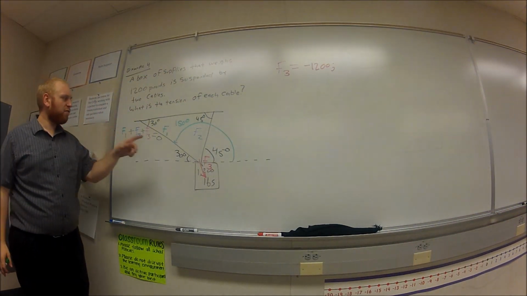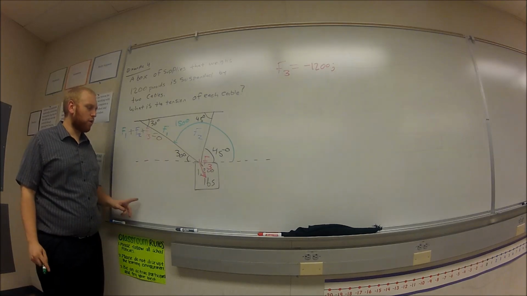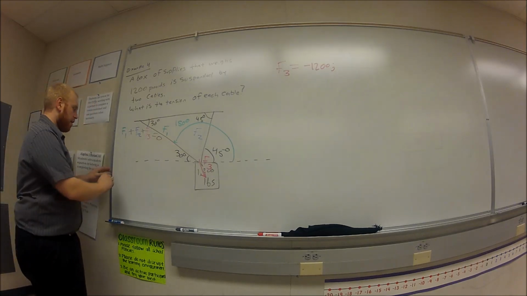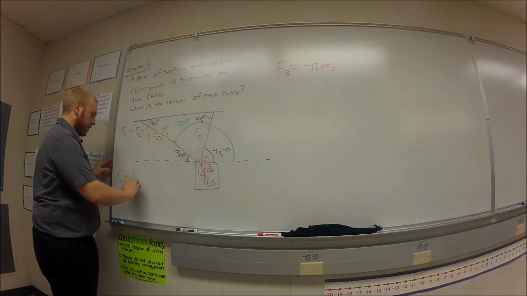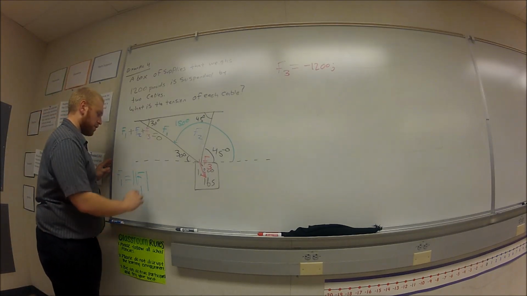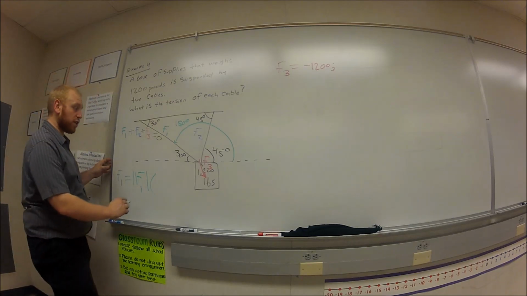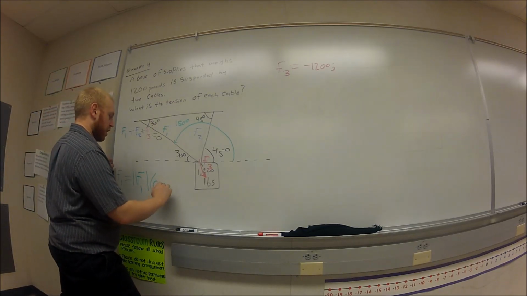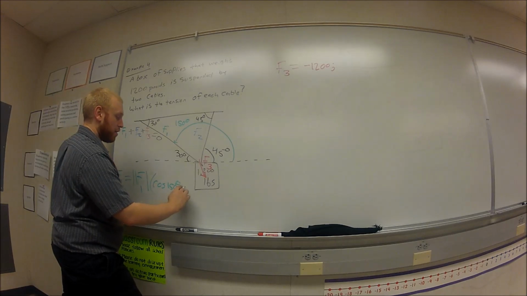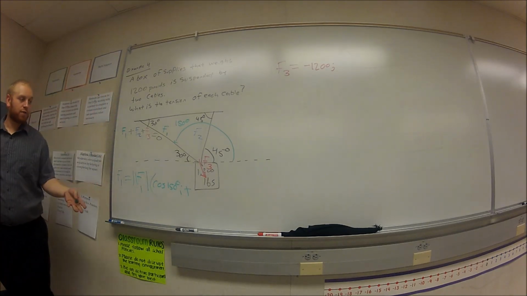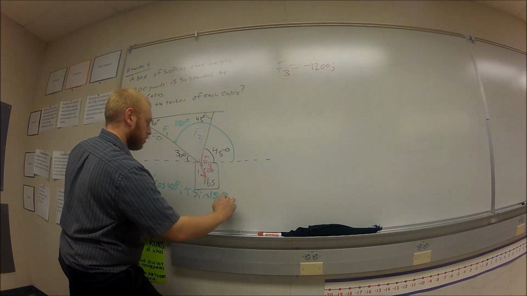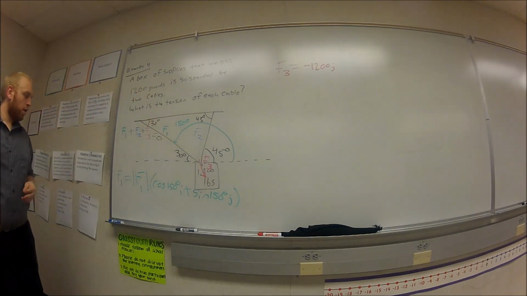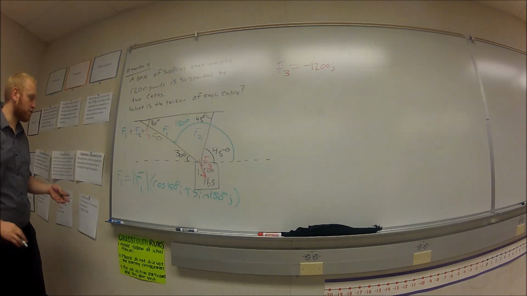Now, for F1, let's think about F1 down here for a second. F1 has to equal its magnitude times the cosine of the direction angle, cosine 150 degrees I, plus the sine of the direction angle J. Let's simplify that a little bit.